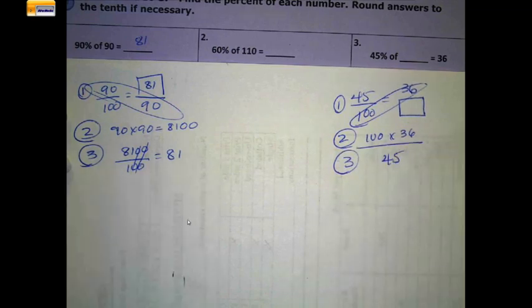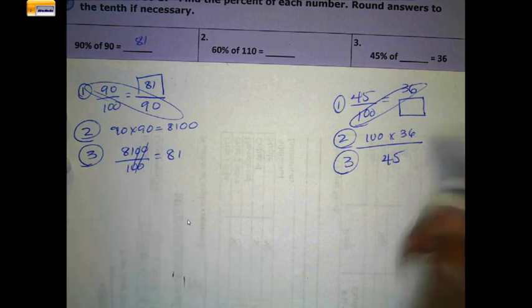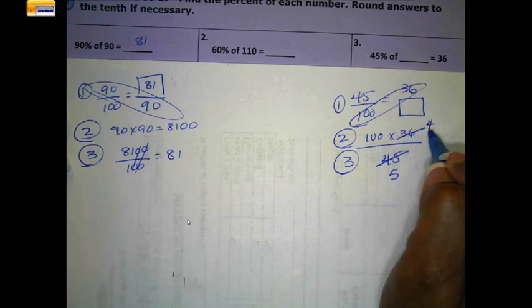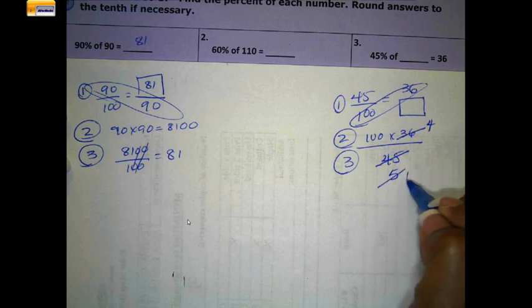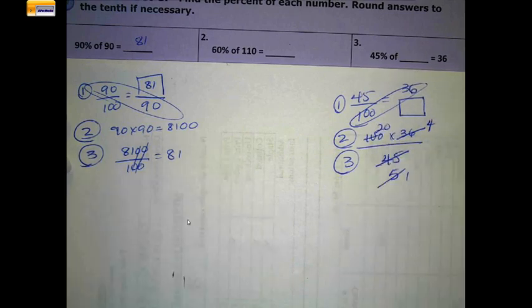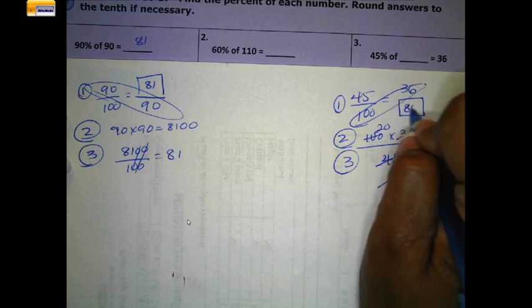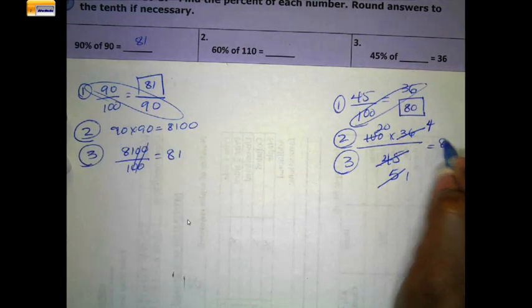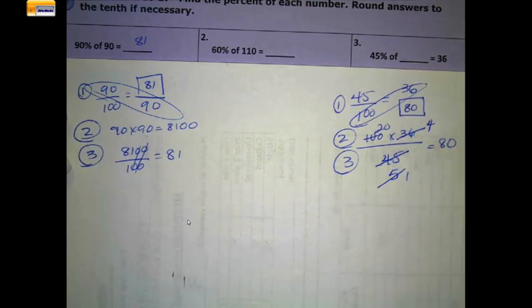Yeah? 9 goes into 36 four times, 5 goes once, 5 goes 20. What's 20 times 4? I got 80.